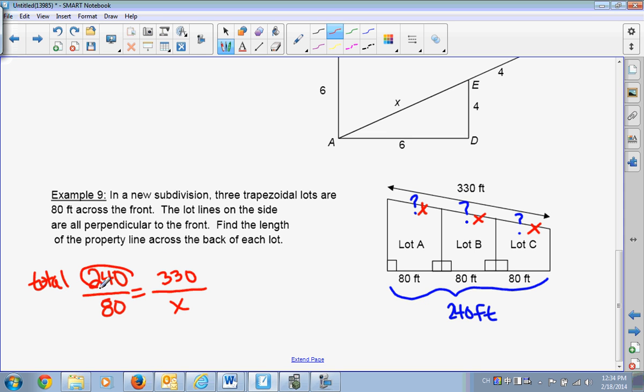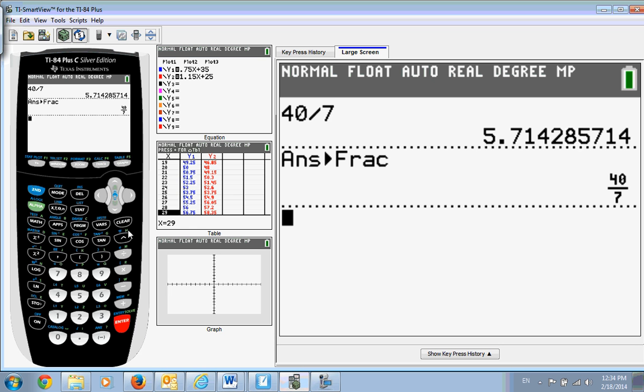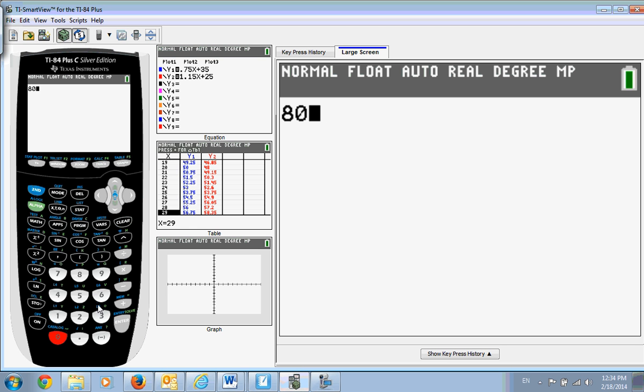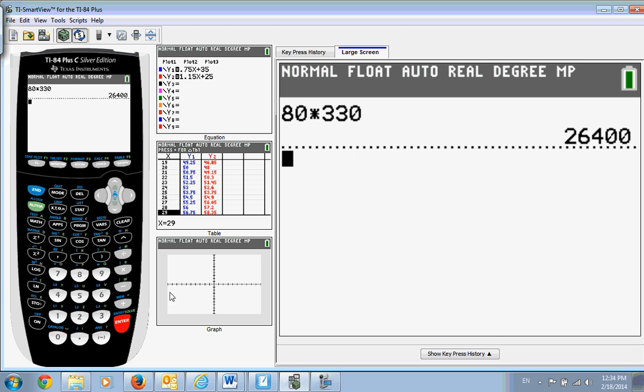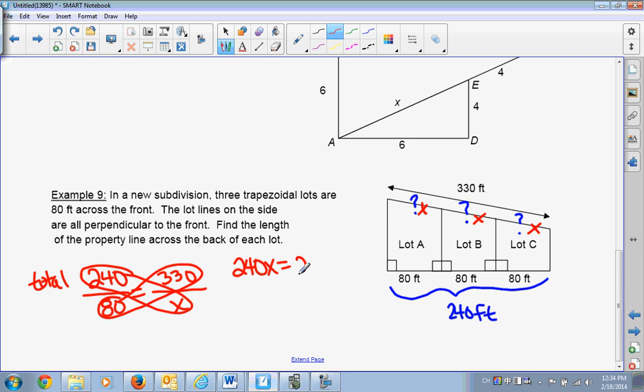But we're going to set up a proportion to find out. So cross multiply. 240 times x is 240x. And then 80 times 330, you can check that on our calculator. 26,400. And last step, divide by 240.